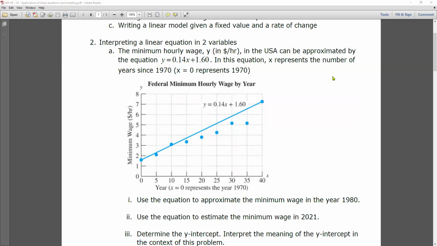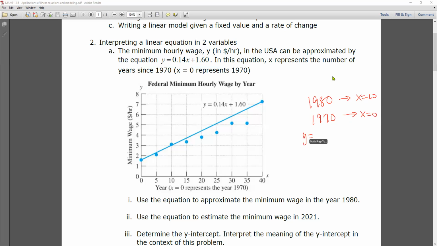The question asks, use the equation to approximate the minimum wage in the year 1980. In this case, we need to know that 1980 means x equals 10, because they said when you have 1970, x equals 0. So 1980 is 10 years after 1970, so x will be equal to 10, and we're just going to plug that into our equation.